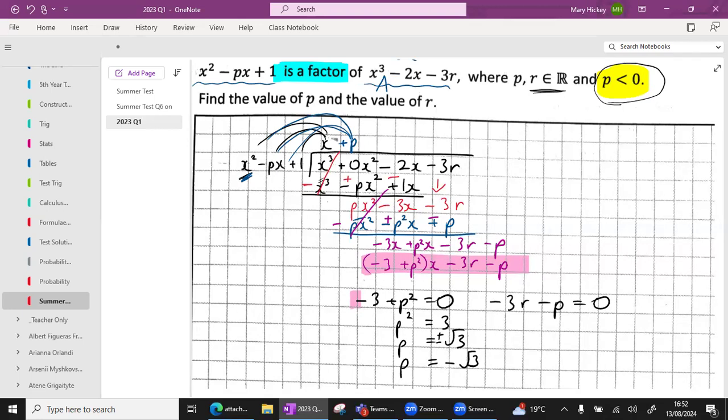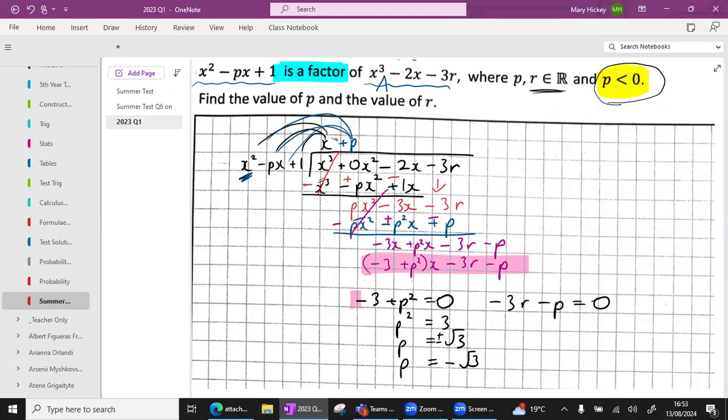So when I multiply back, I feel like I've got a sign wrong here. Minus px squared plus x. And then I change. Yeah, no, I think it's okay, actually. Sorry, I was thinking about my signs there.